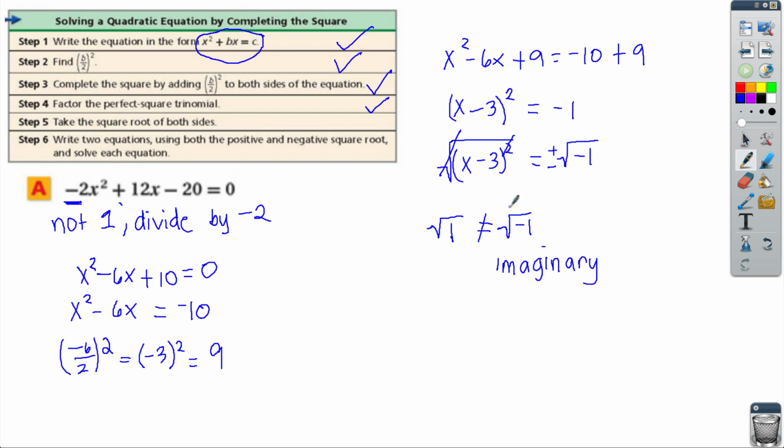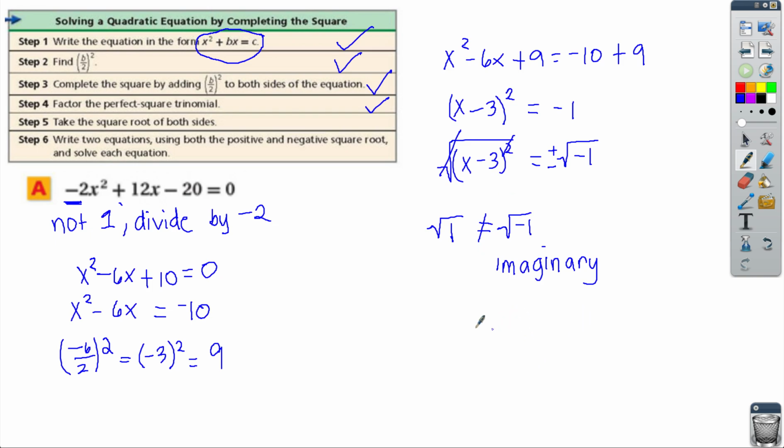However, because we're not there yet, and there's no way for us to get the square root of a negative number, even if you try using your calculators, it will give you a syntax error, okay? Because of that, we say that this problem will produce an imaginary answer.